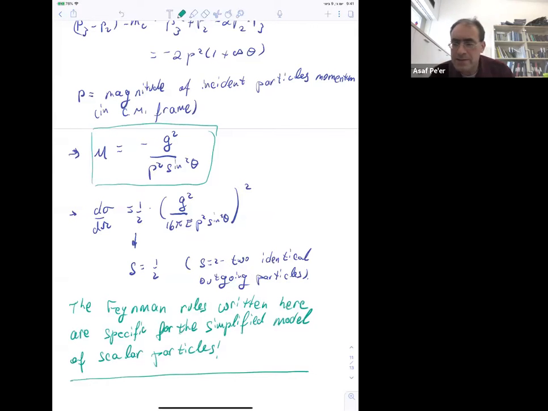Now, this is not really a big drawback, because the Feynman rules for real life models that contain fermions, spin 1/2 fermions and vector bosons, are not that different from what we had here. There is slightly more complexity because of the existence of the spin, so there is some extra term there, but not something that is conceptually different.